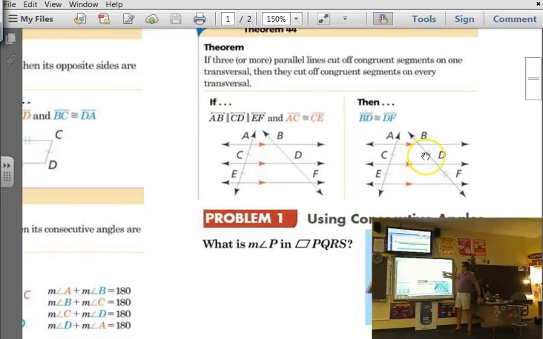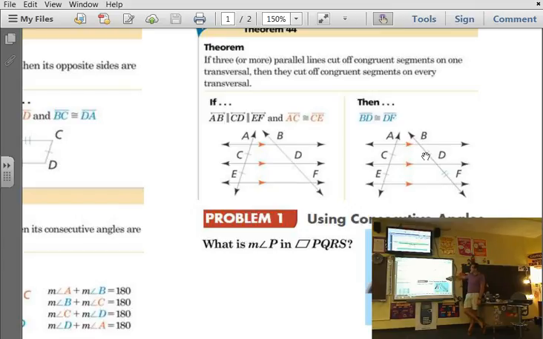And our last one here, essentially we have 3 parallel lines and 2 different transversals. Obviously those transversals are not congruent, but this kind of falls under the parallelogram rules because it's a rule about parallel systems.